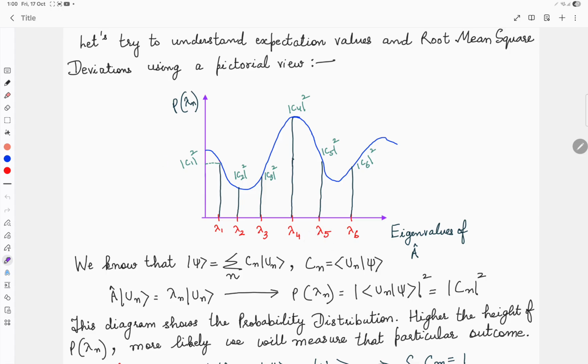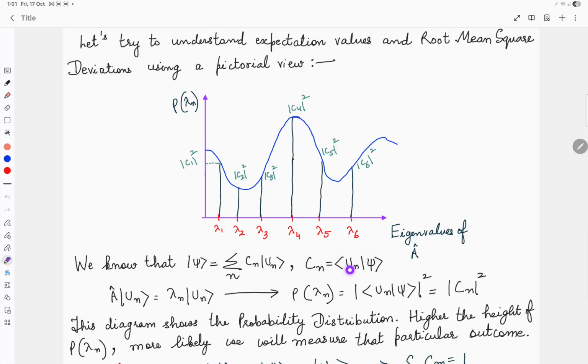What are C1, C2, C3? These are expansion coefficients. We know that we can express a quantum state as a linear combination of the eigenbases, so the Cn are the expansion coefficients. And how do you calculate Cn? Cn is calculated as the projection of psi on un, meaning the overlap between un and psi gives the expansion coefficient.